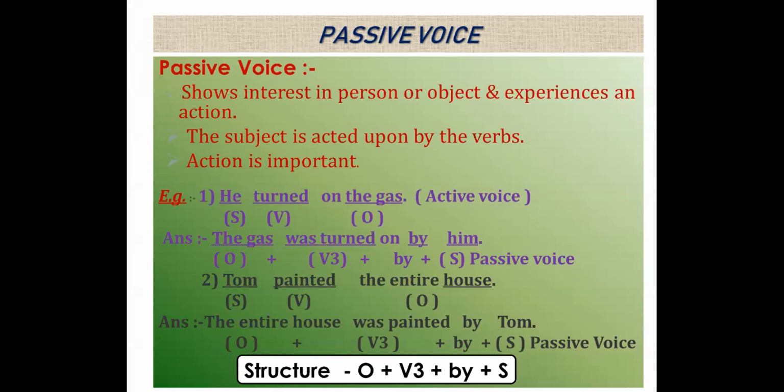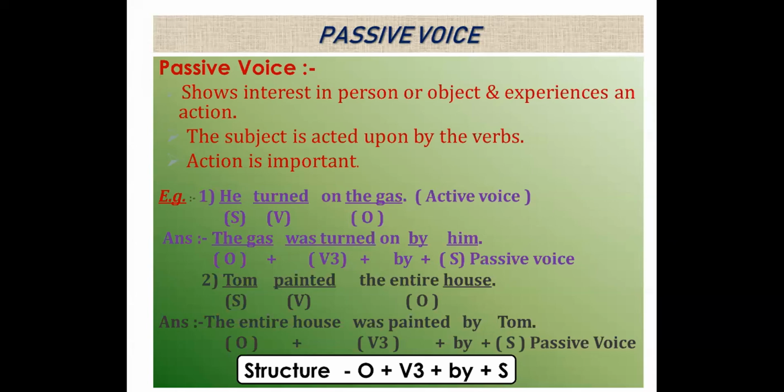Object plus third form of verb plus by preposition plus subject. So what will come first? The entire house. Third form of verb: was painted. By preposition, and subject is Tom. So the sentence becomes: the entire house was painted by Tom.